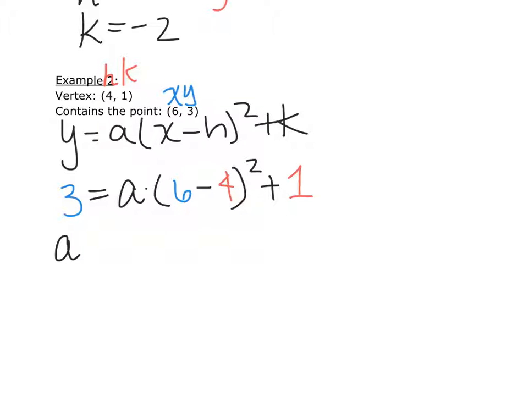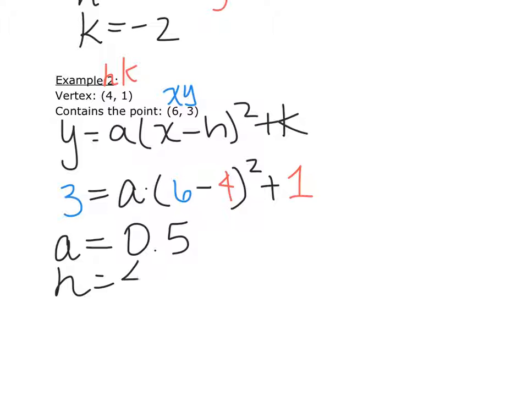And I want to solve for a. 0.5. You got 0.5? Now I want us to check. I want at least one more person to give me the answer. I think we've come to a consensus of 0.5. All right, so we got a is 0.5.